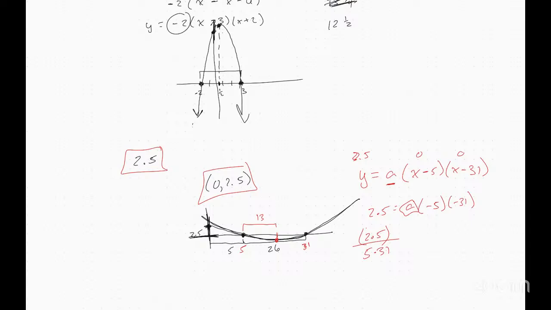So I'm going to take that number and multiply it by 18 minus 5, which is 13, and then multiply that by 18 minus 31. So negative 2 point, whatever it is, negative 2.73 if you round it.